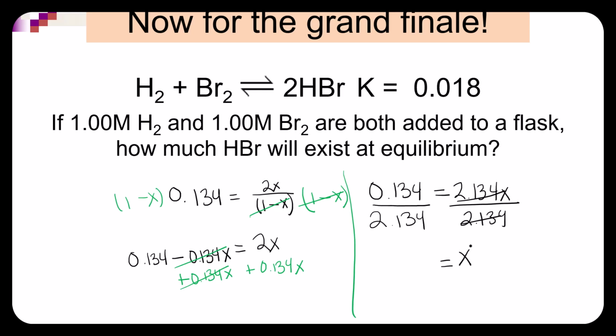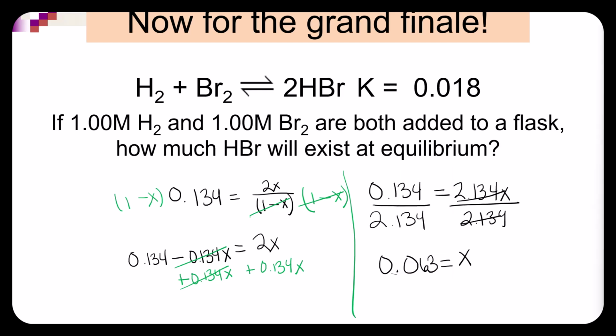So now we can solve for one value of x, and that's going to be 0.134 divided by 2.134, and x equals 0.063. We're not done yet. That was x. That was the big part of it. That was the hard part of it, but it's not the end.